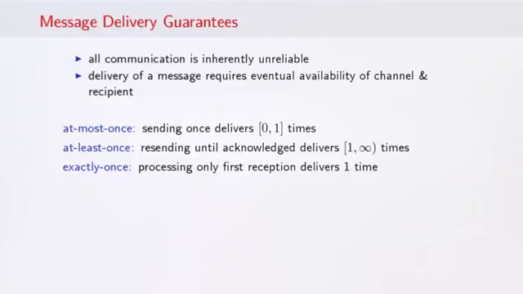This is the most costly of the three options. The first option can be done without keeping any state in sender or receiver. The second choice requires that the sender needs to keep the message, to buffer it, in order to be able to resend. And the third choice additionally requires the receiver to keep track of which messages have already been processed.